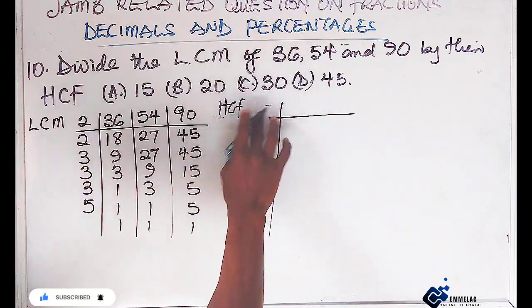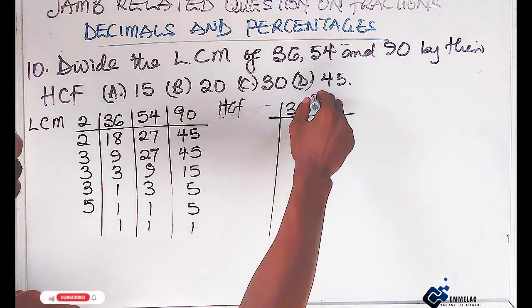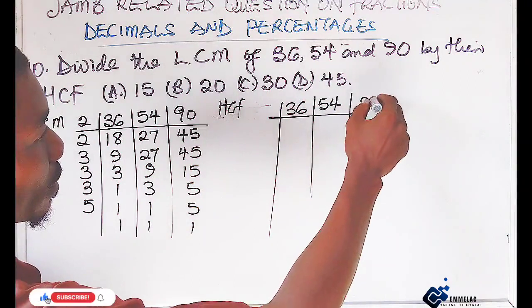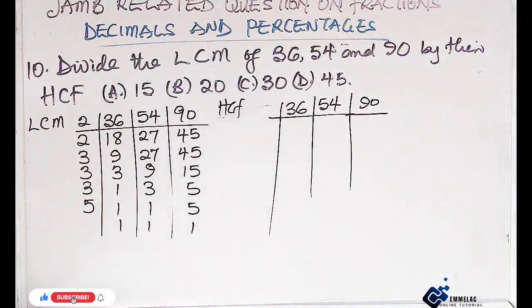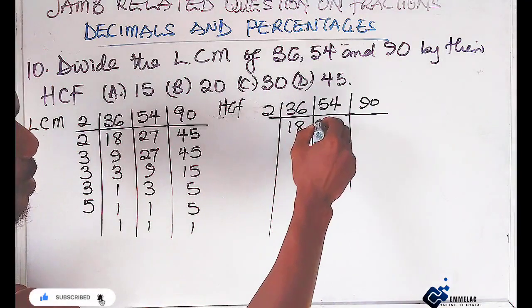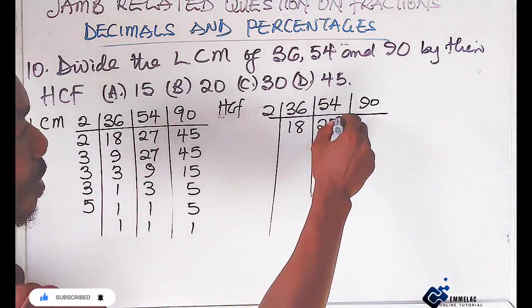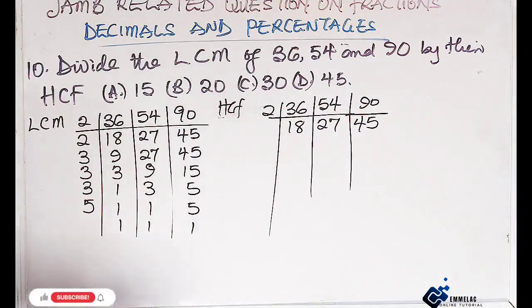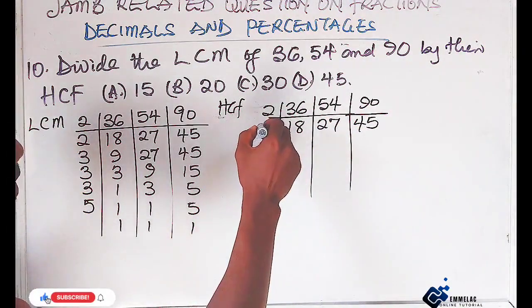So here you have 36, 54, and 90. Okay, so here you have 2, here you have 18, 27, and 45. Now 2 cannot actually go in all, but I guess 3 can go.